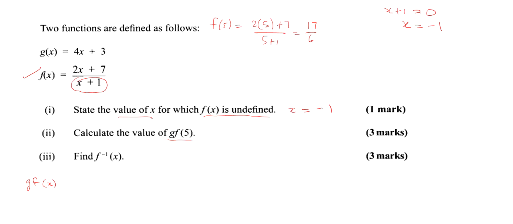And then we take this answer here, what we got for f of 5, and substitute that into the function g. So we're going to say g of 17 over 6, right? Which is equal to 4 multiplied by 17 over 6 plus 3.